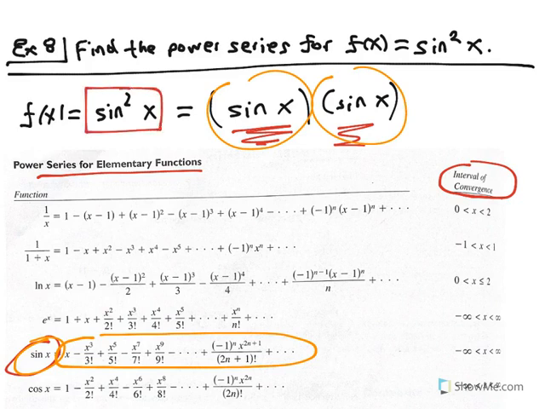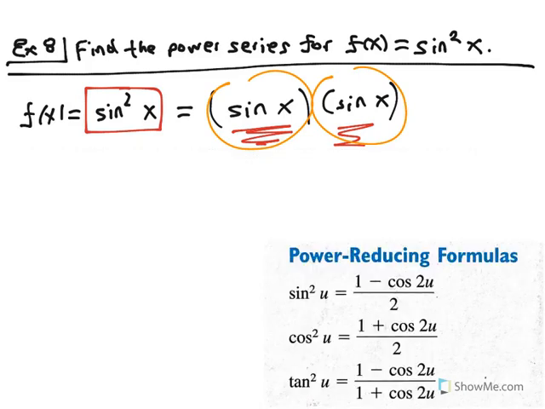We will remember something from trigonometry called a power-reducing formula. These power-reducing formulas are trigonometric identities. So using the power reducing formula for sine squared u, I'm able to rewrite my function f of x. So in other words, what is this? Sine squared u, whatever you have for u, you will have twice that when you rewrite using this power reducing formula.